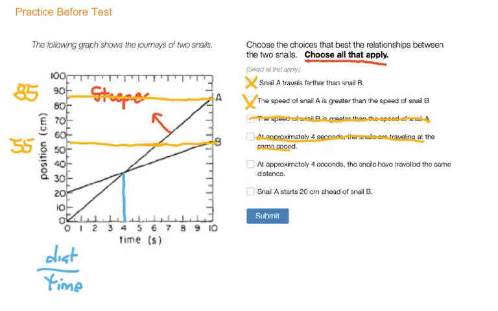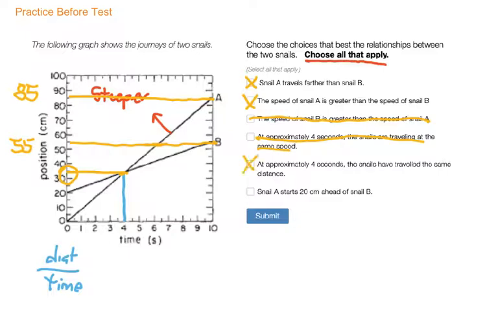Let's look at the next one. At approximately 4 seconds, the snails have traveled the same distance. See the 4 here that I drew in blue. I'm going to go over, and at 4 seconds, how far have they traveled? They've traveled 35 centimeters.